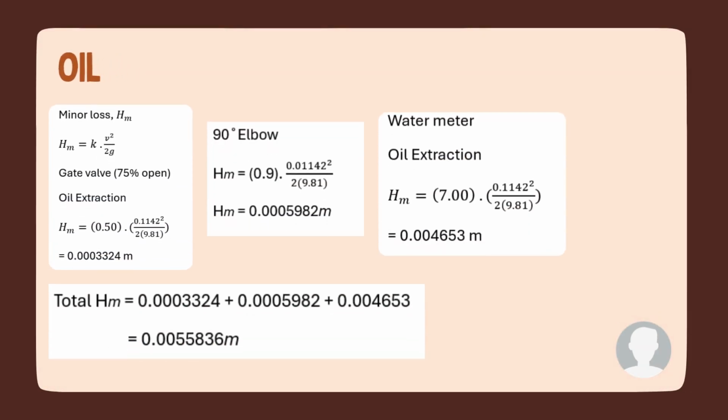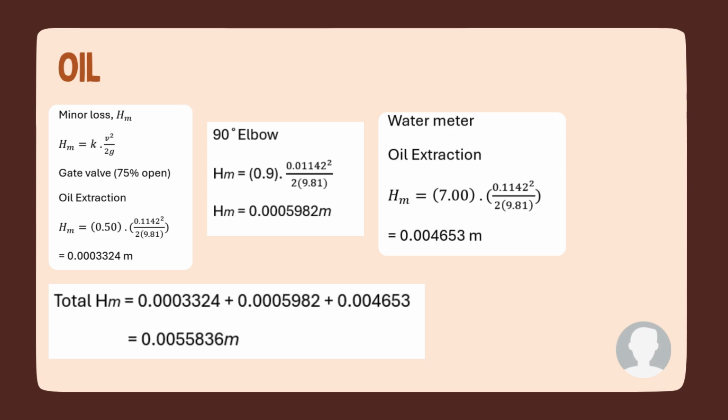So now let's move on to the minor loss, which include the bending and fitting in the pipe. So for this pipe, we have bending, which is 90 degree elbow, and also fitting, which is the water meter and gate valve. So firstly, we have to calculate using the minor loss formula, which is equals to K times V square over 2G.